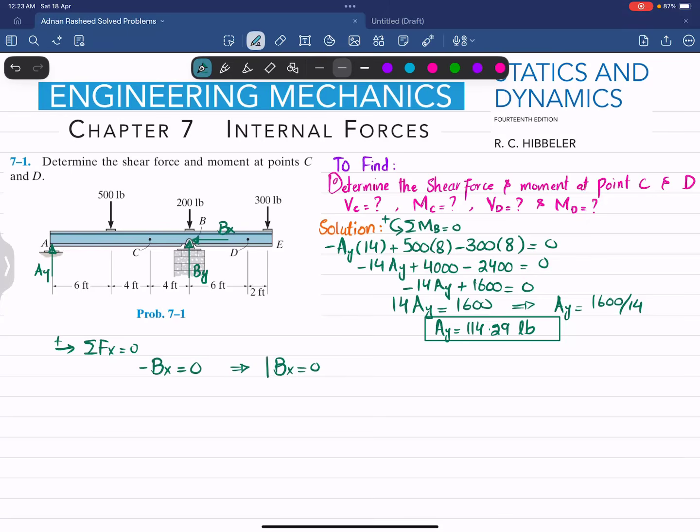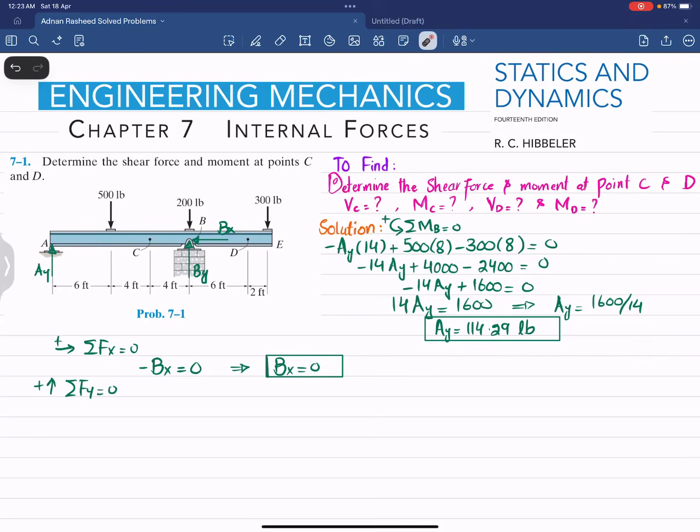Now we'll find BY by using the third equation of equilibrium: the sum of all forces along the y direction must be equal to 0, with upward force taken as positive. So one upward force is AY, which is positive, minus 500 minus 200 plus BY minus 300 must equal 0.